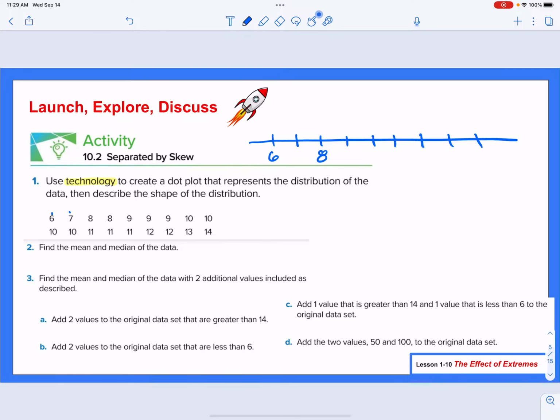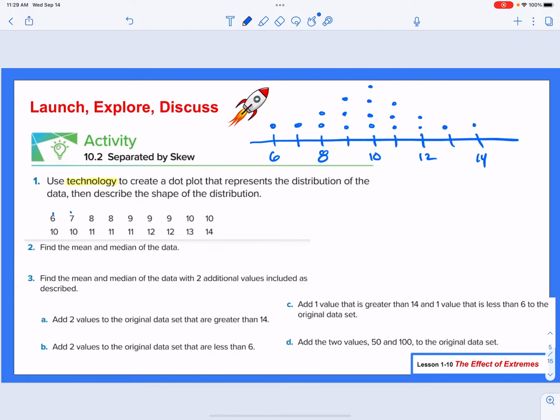So 6, 8, 10, 12, and 14. I have 1 six, 1 seven, 2 eights, 3 nines, 4 tens, 3 elevens, 2 twelves, 1 thirteen, and 1 fourteen.